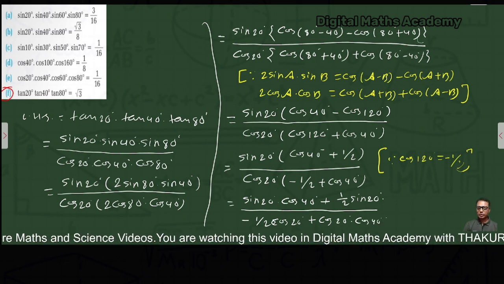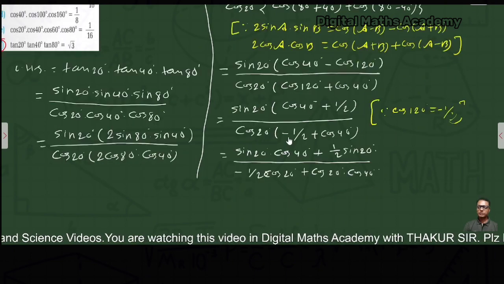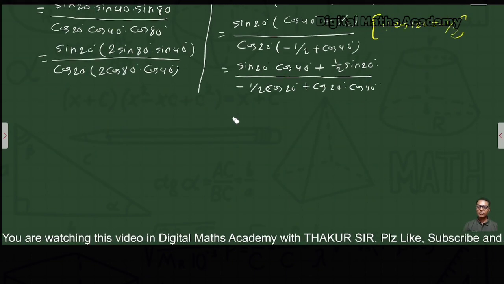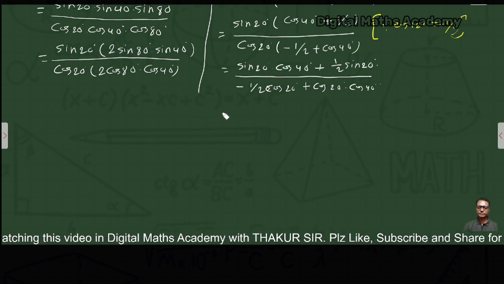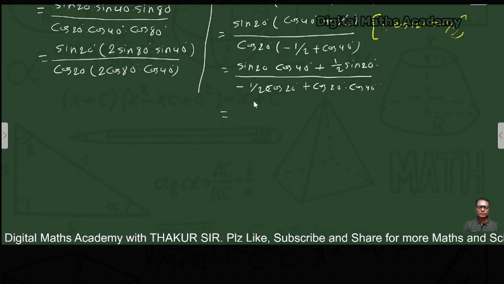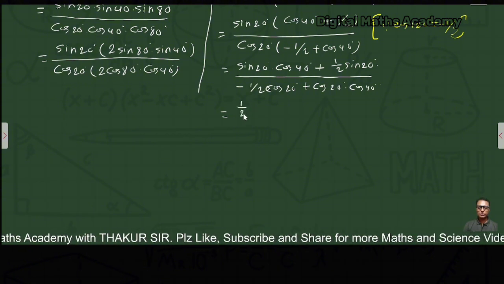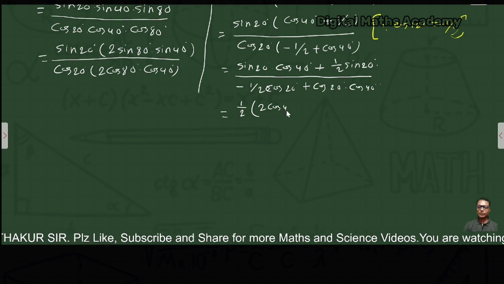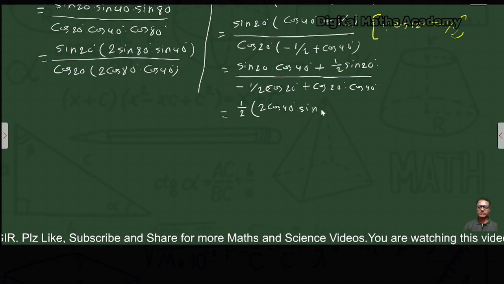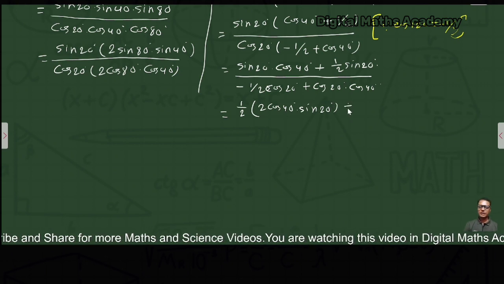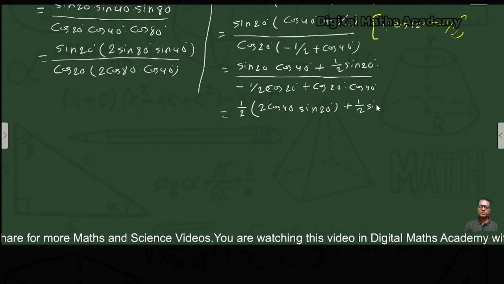So once again we are going to apply the formula here. So just see the formula. When you apply the formula here, sin 20 dot cos 40, so I write here 1 by 2, and inside the bracket 2 cos 40 degree dot sin 20 degree. So again I put the greater angle at first, and then we have 1 by 2 sin 20 degree.